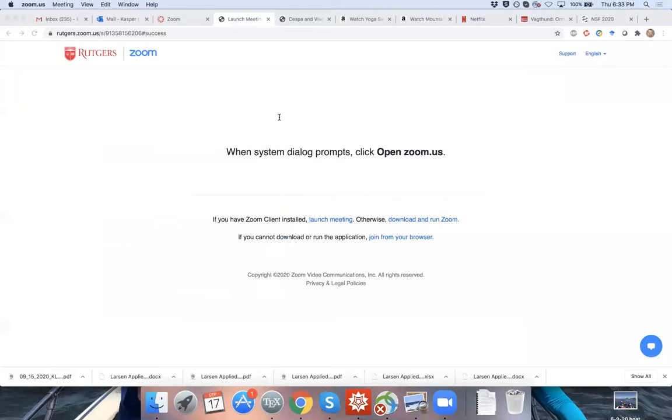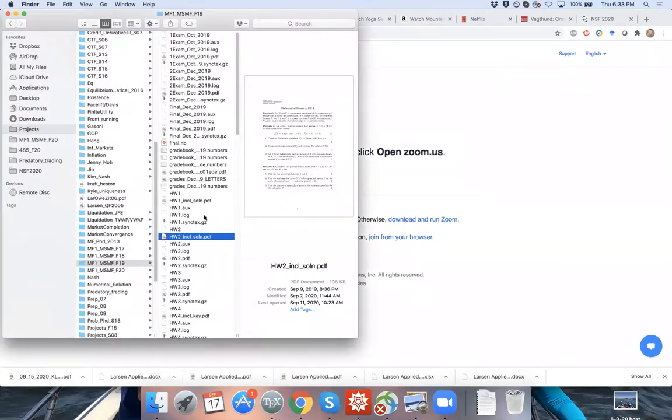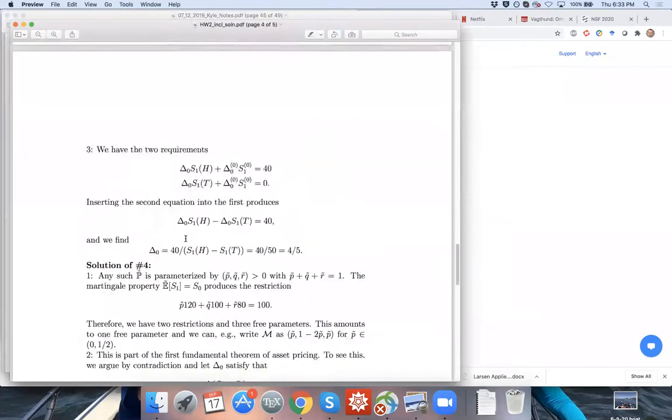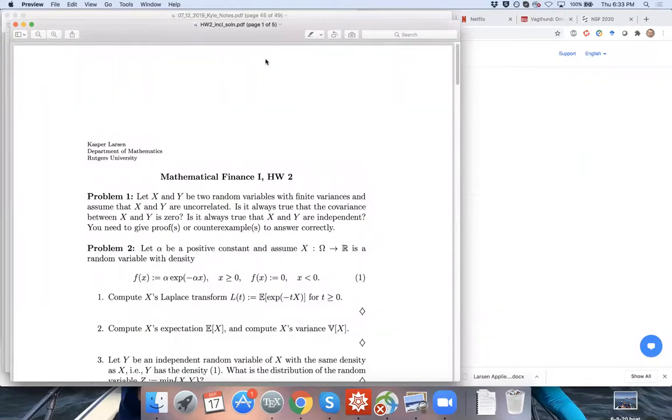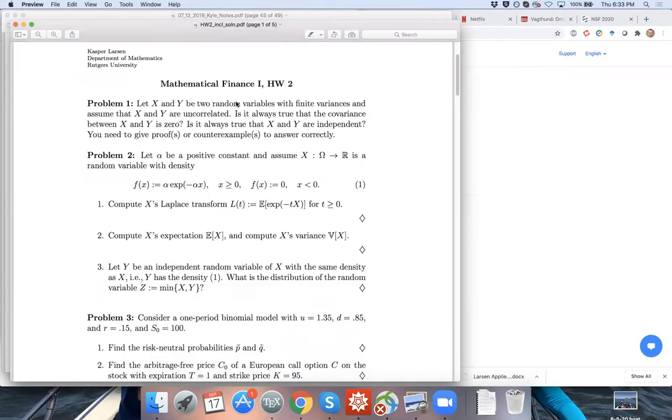There was a question about homework 2, question number 2. Let me pull up the homework formulation. What part of problem 2 are we not good on?